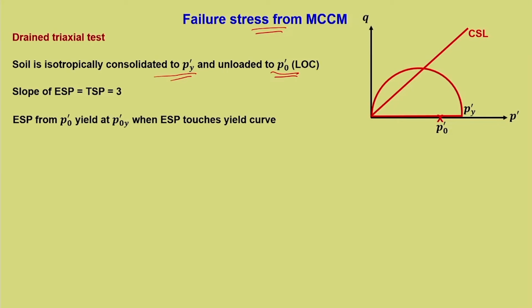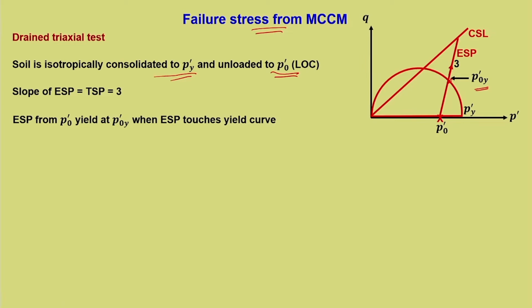Slope of ESP is equal to TSP because it is a drained triaxial test. Now ESP from P naught dash yields at P naught dash y when ESP touches the yield curve. So it is this particular point where it yields, and the slope is 3. This information comes from our third module. Now this is the yield stress, that is P naught dash y, where it touches the yield curve.